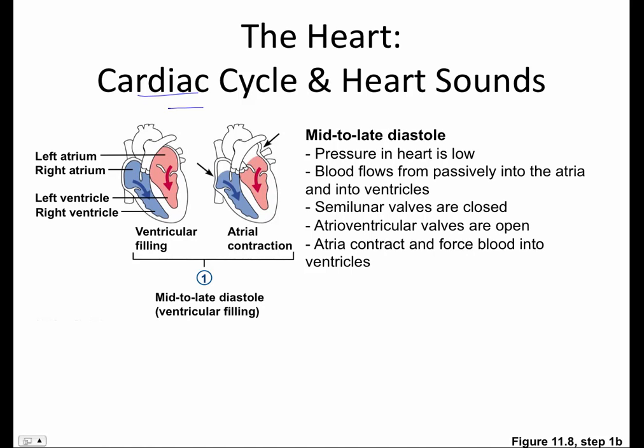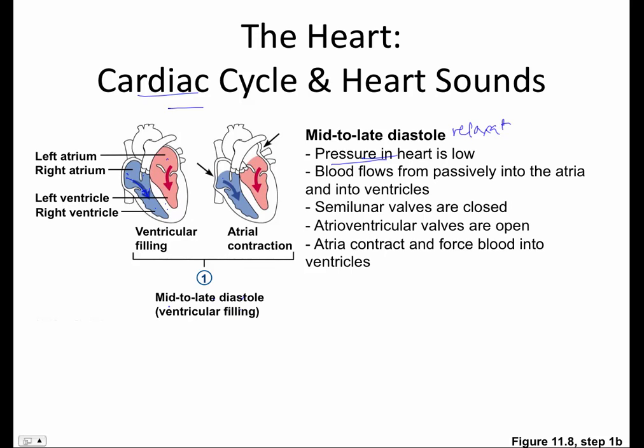So here we have first mid to late diastole, meaning we have that relaxation. During this relaxation phase, both atria and ventricles are going to be relaxed. And once again, pressure in the heart is low. Because of that, we have that nice passive filling from our atria into our ventricles.